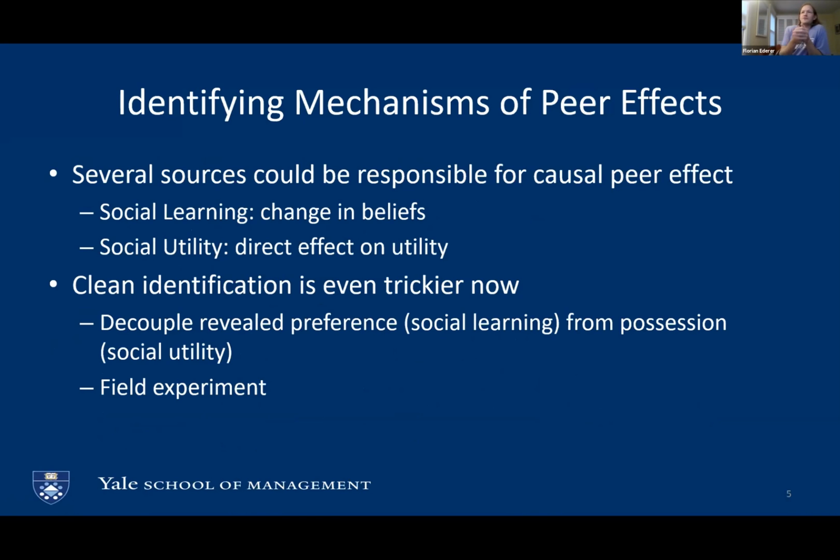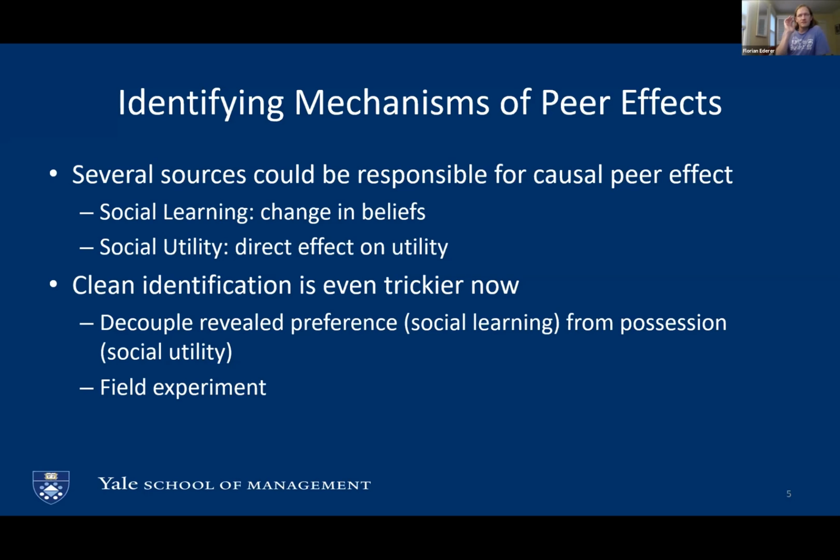And so what we went into that project wanting to understand was what are the two main sources at a totally reduced form level. Not thinking about all the different drivers, but saying, if you take a simple model, what could be driving peer effects?